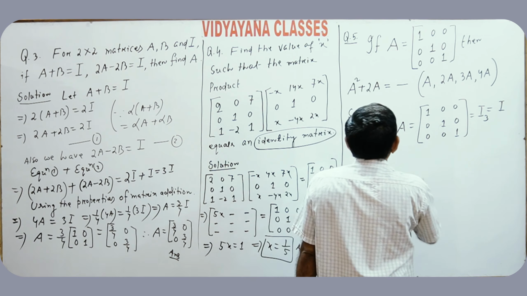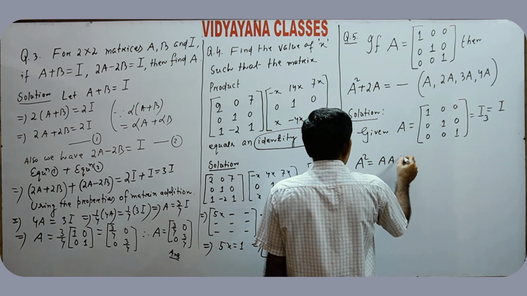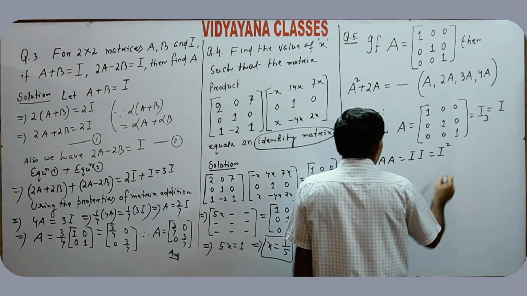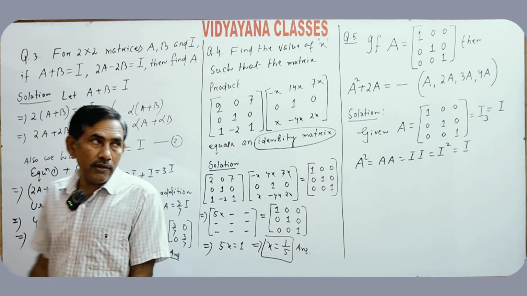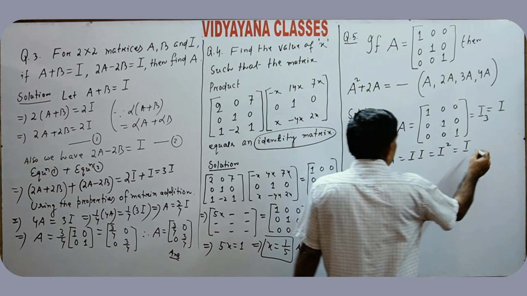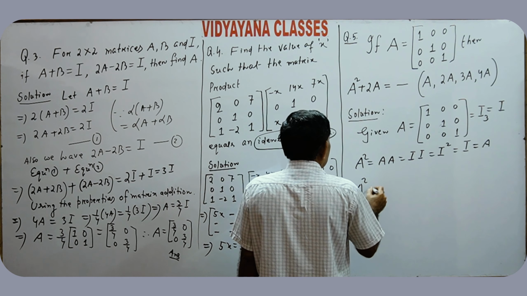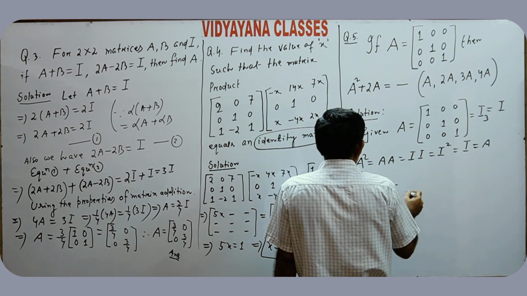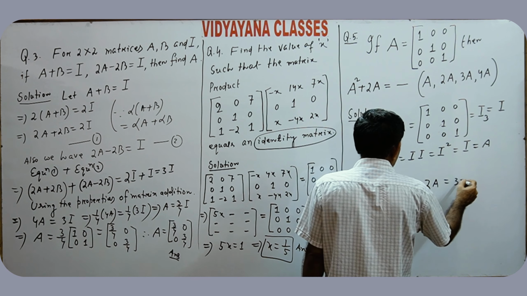So A square, which is equal to A into A, is equal to I into I, which is I square, which is equal to I. I into I is equal to I. So A square is equal to I, and A is equal to A. So A square plus 2A, which is I plus 2A, is equal to A plus 2A, which is equal to 3A.